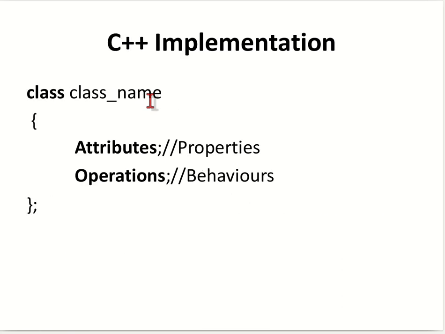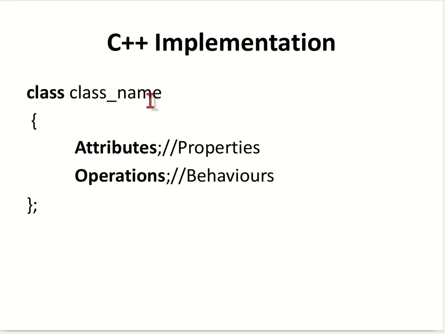Now, how do we implement the basics of object orientation in C++? As you have already seen, structures can be created using different data types.